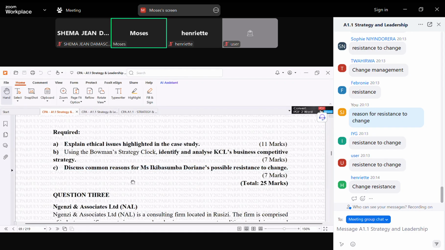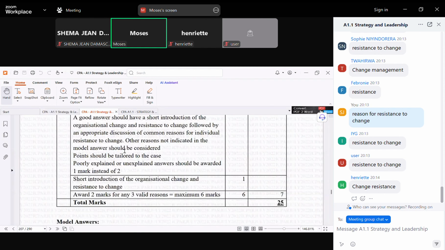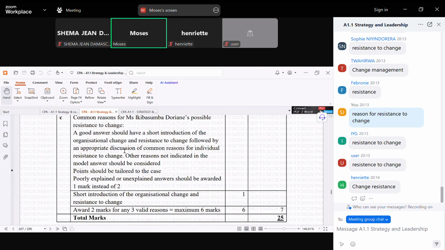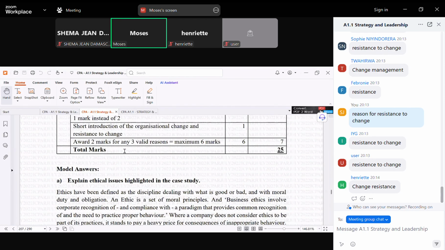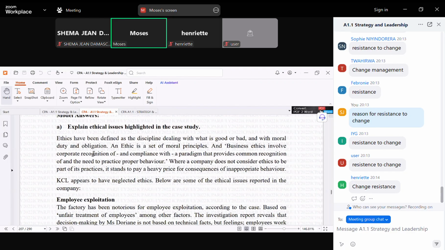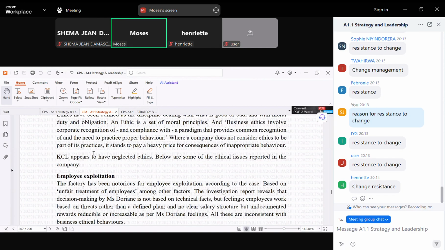And then I want to show you how short their answers are. Okay? This is question number 2. So this is an explanation of business ethics.